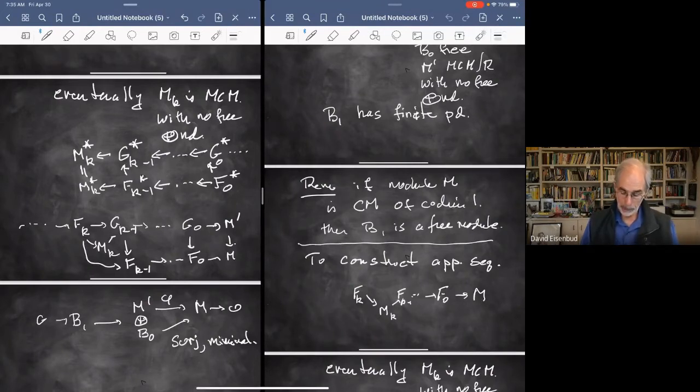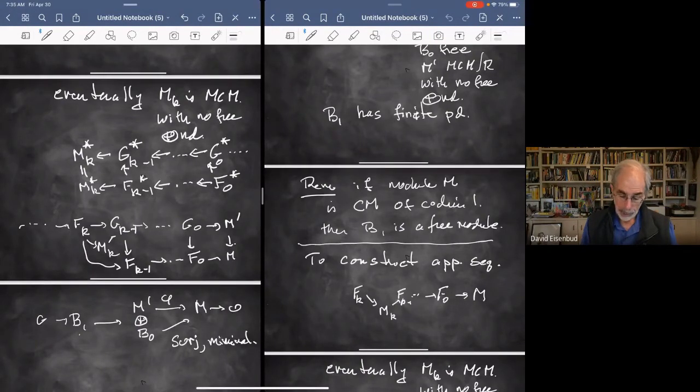Now, why does B1 have finite projective dimension? If you think about the resolution of M prime or M prime plus B naught, it really doesn't matter, then eventually it coincides with the resolution of M. So if I make a map of resolutions, I take the resolution of M prime plus B naught and a comparison map to the resolution of M, then I can make a resolution of B1 as a mapping cone of that comparison map.